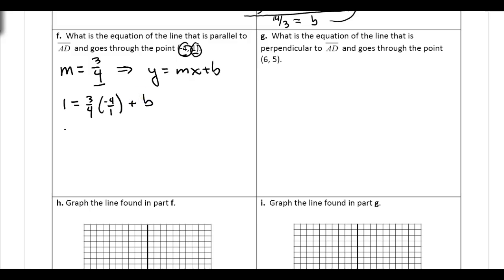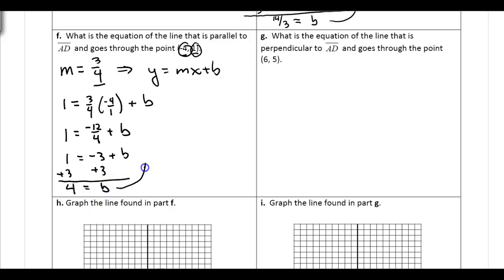So I have 1 is equal to -12 over 4 plus b, so that's 1 is equal to -3 plus b. Add 3 to both sides, and I get that 4 is equal to b.